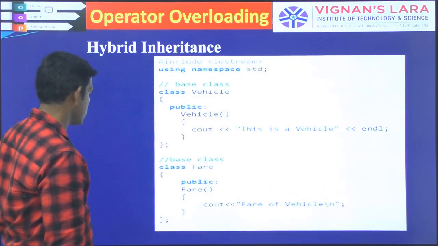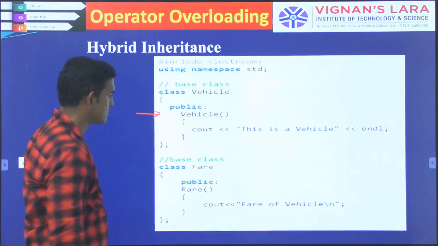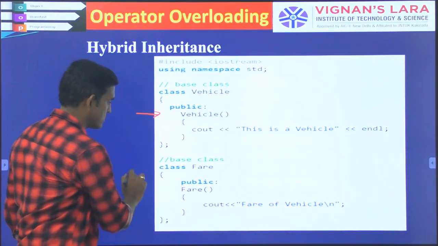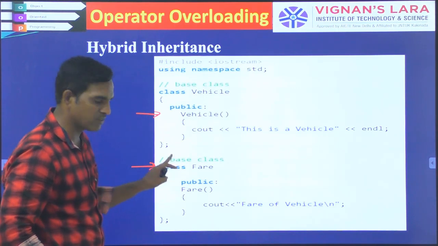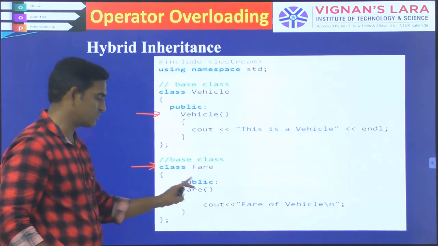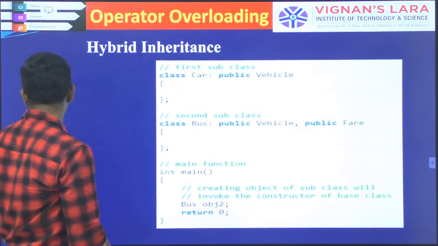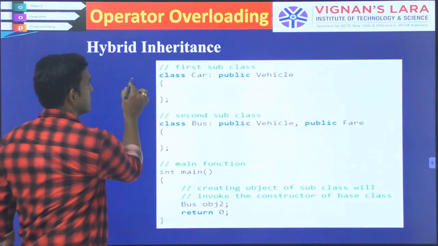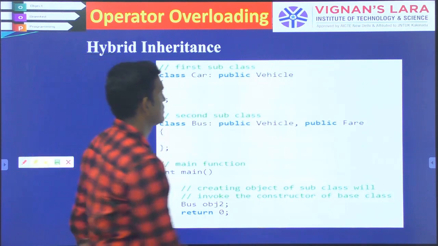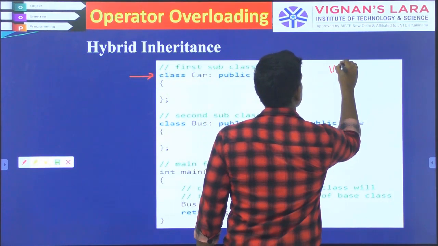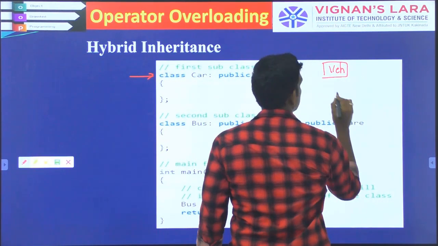An example for this: you are having class vehicle, which is one base class, and class fare, which is another base class. We are having two base classes here, and one derived class.